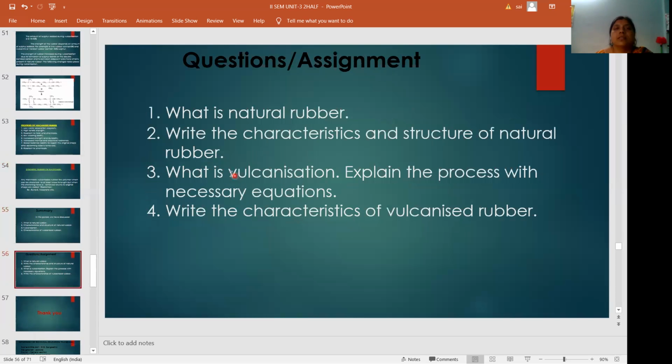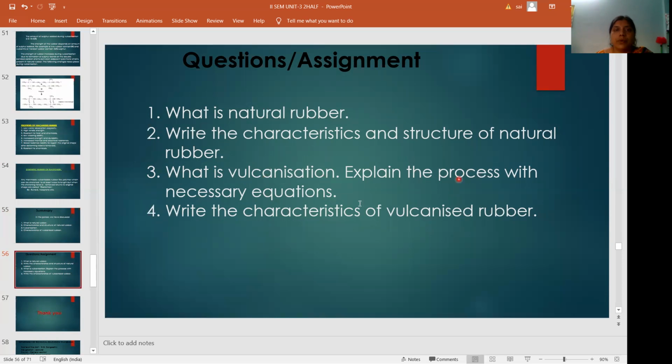See here the questions. What type of questions will you get in theory? What is natural rubber? 1 mark question. Write the characteristics and structure of natural rubber. They can ask individually: write the structure of natural rubber for 3 marks, or the characteristics of natural rubber for 5 marks or 3 marks. And what is vulcanization? Explain the process with necessary equations. This is for 5 marks, compulsory.